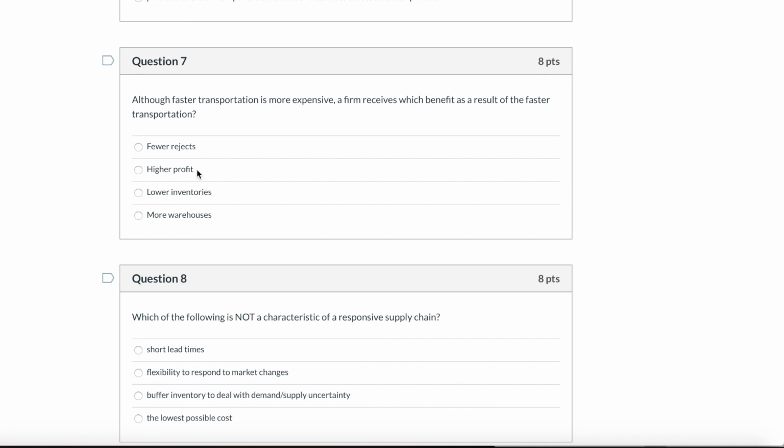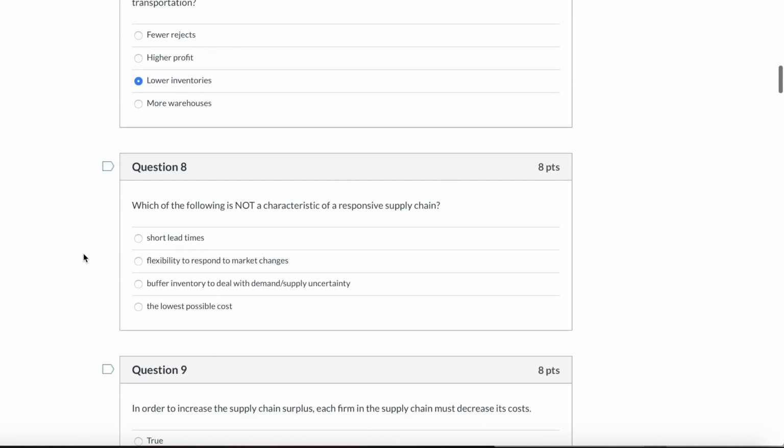It could be hit or miss, because faster transportation does mean faster lead time and a faster chance of the customers receiving the product, but not necessarily. Then we can go into lower inventories. Well, yes, that's the primary benefit of faster transportation: you don't have to have as much holding cost. Room to hold stuff is expensive, so by having a faster way of getting stuff, you don't need to hold as much stuff. So lower inventory.